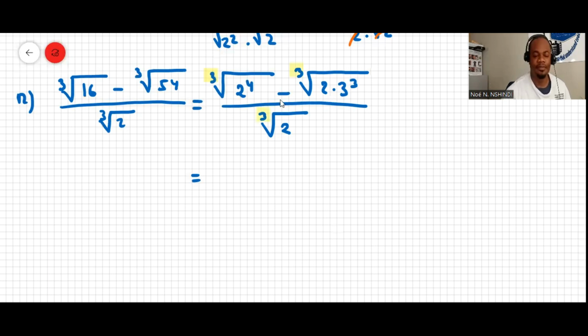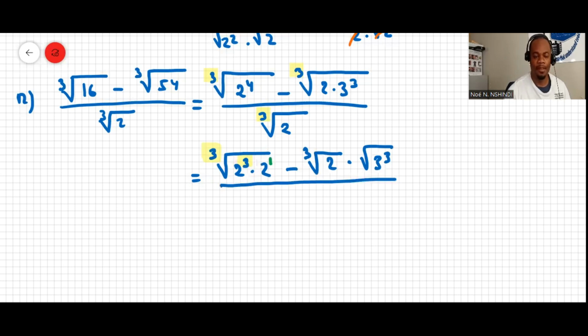In this case, I will not split it like 2 squared times what, but I will split it like 2 to the power of 3 times 2, okay? So the numerator here will be the cube root of 2 to the power of 3 times 2. I split it like that because the index is 3, okay? So that's to the power of 1, minus similarly here, so this will be cube root of 2 cubed times the cube root of 2, and then cube root of 3, and then all over cube root of 3.